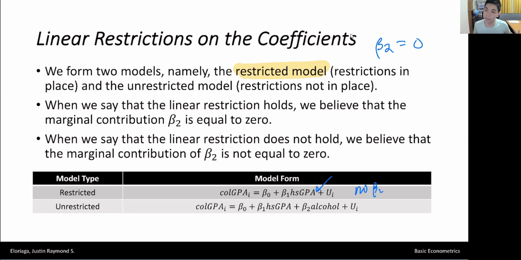This is the model that has the restrictions. You're going to compare that with an unrestricted model, which is the model with the restrictions not in place. The unrestricted model is just our original model. Notice that beta 2 is allowed there, and it's assumed to be some value, whether positive or negative, but it should not be equal to 0.